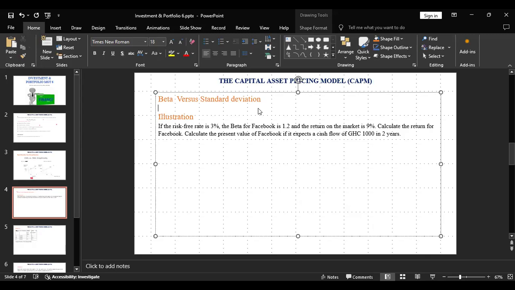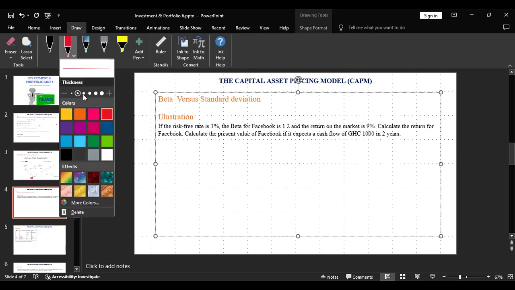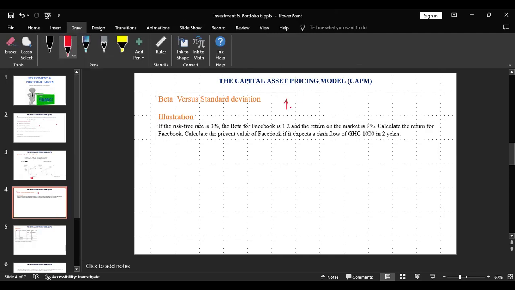Now let's go to beta. Beta shows the relationship between risk of an investment or a portfolio to market risk. Now, if beta is 1, then we are saying that that particular investment is as risky as the market.